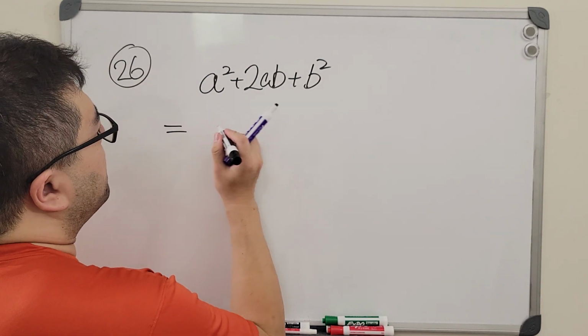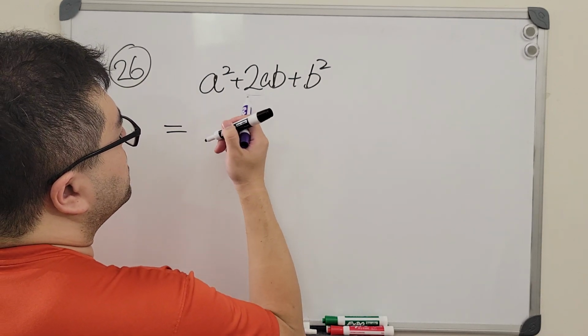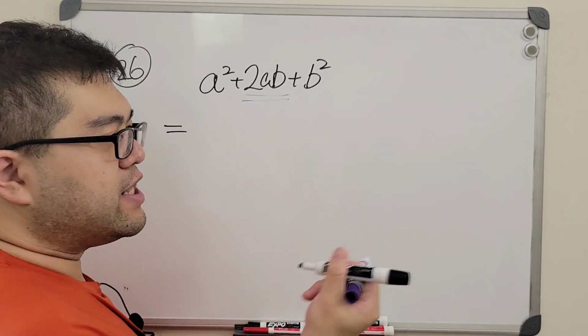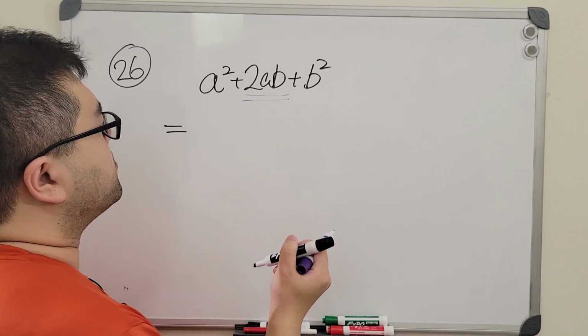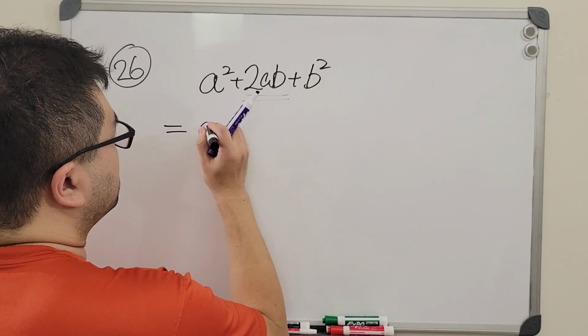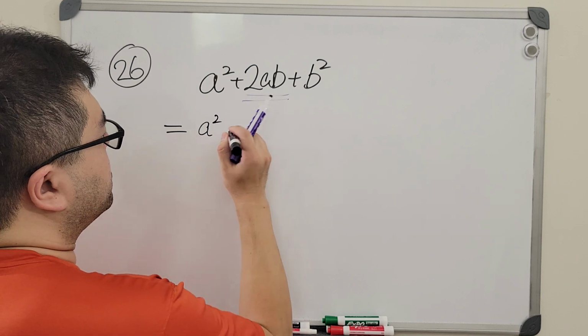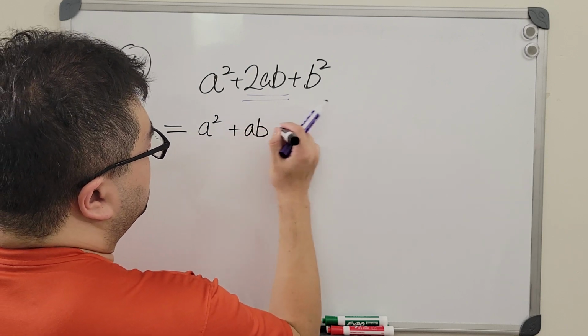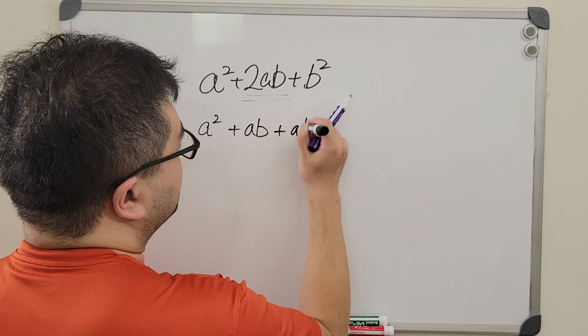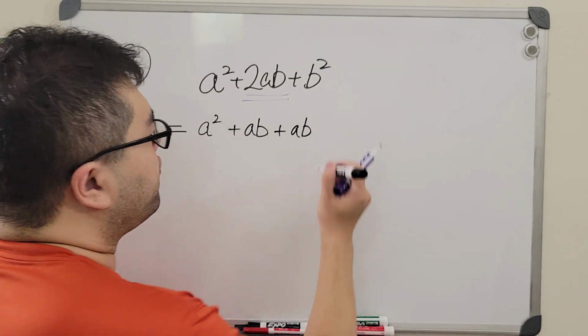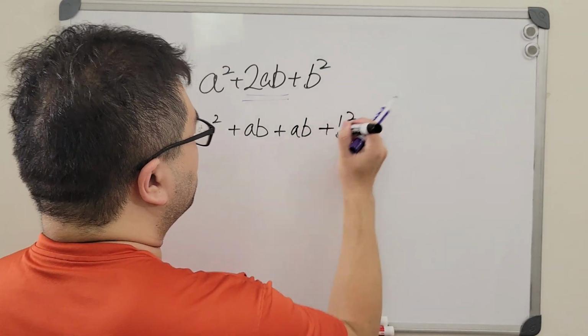What does that mean? It means that now we can actually try to rewrite one of the terms into 2 terms. So in this case, we're going to break the 2ab into simply ab plus ab, meaning that it's adding itself, and start grouping.